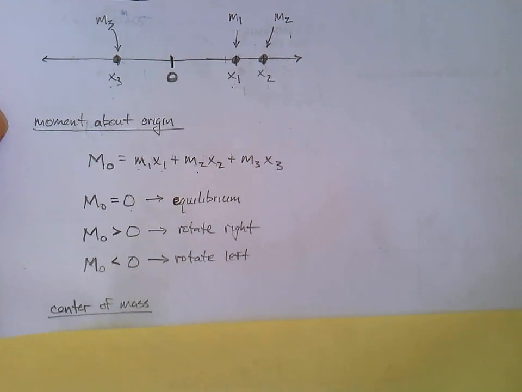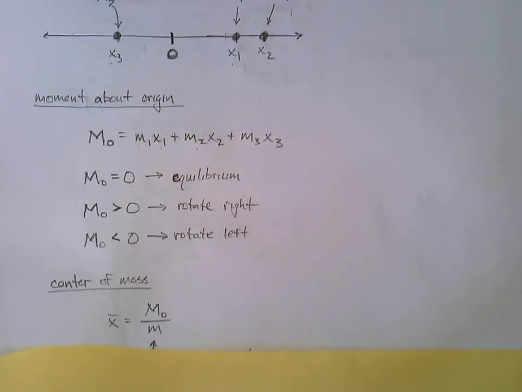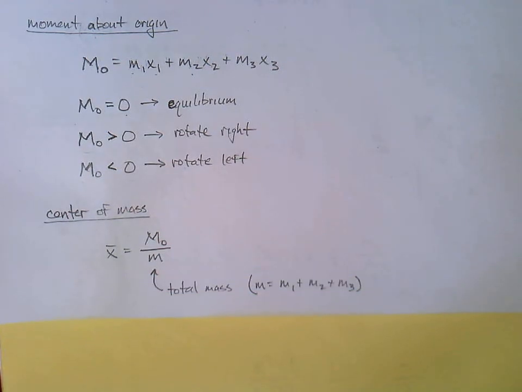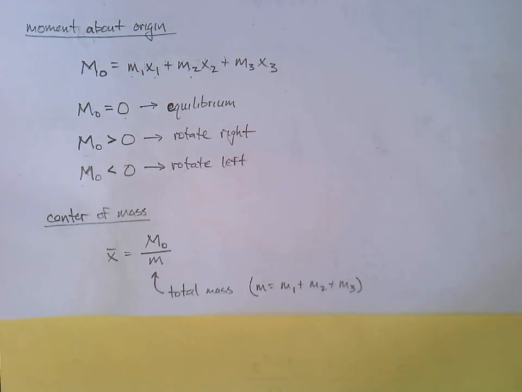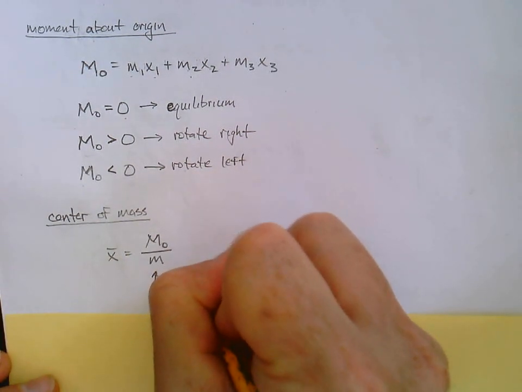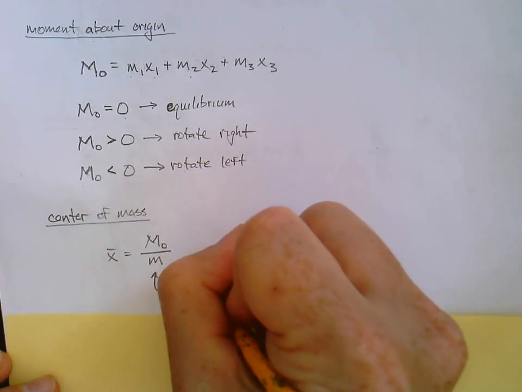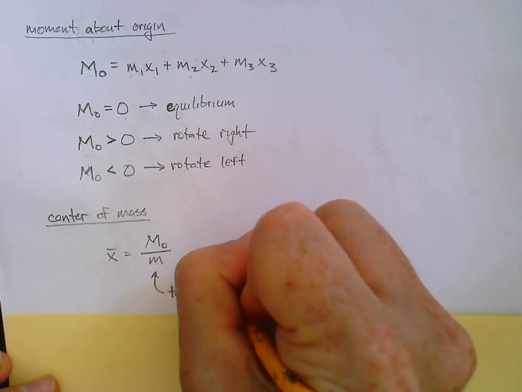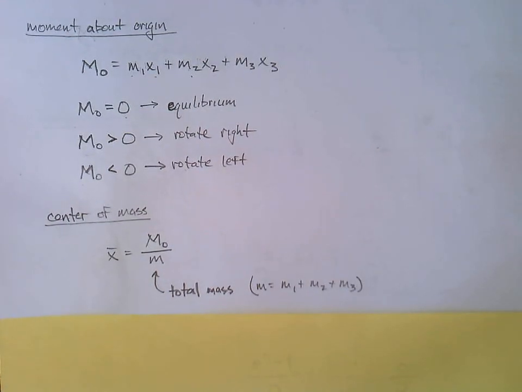So what would be the center of mass? The center of mass, we would say, is the moment divided by the total mass. So it's almost like an average happening here, although it's not quite that, but it has that feel.